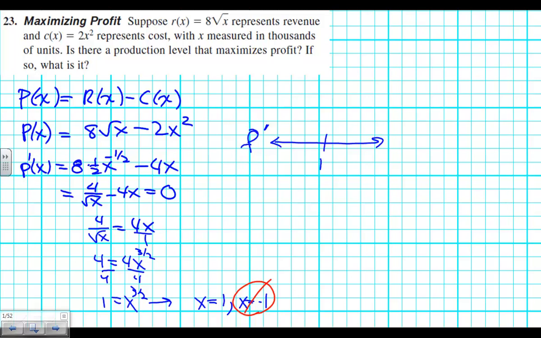We know that there's a 1 here, and then I'm going to ask of this equation, when I'm bigger than 1, is this derivative positive or negative? When I put a really big value of x in here, this goes to 0, this part becomes negative. And when I'm less than 1, I am positive.